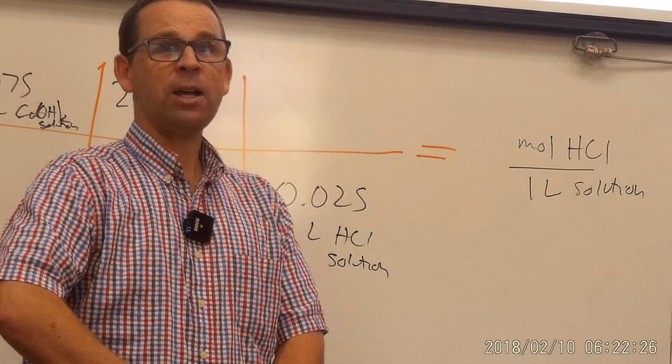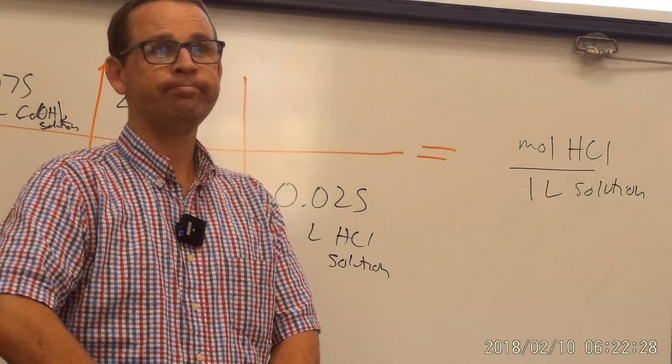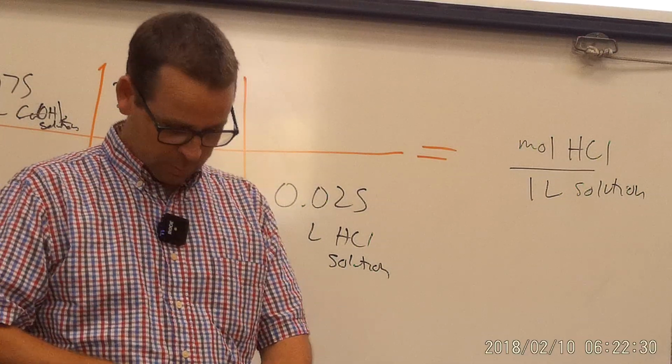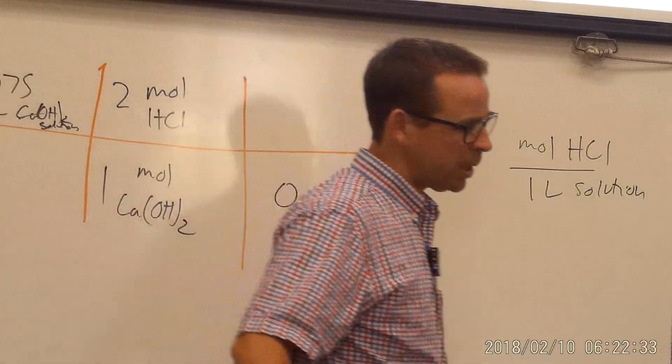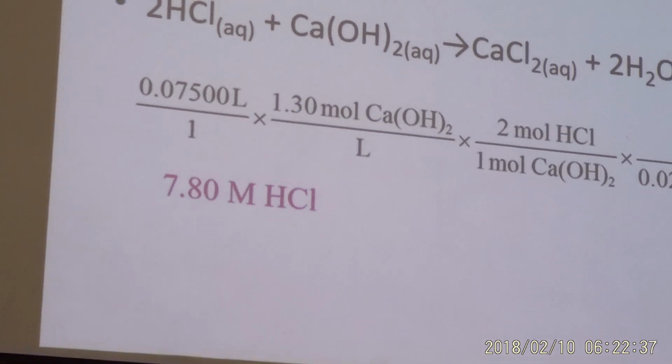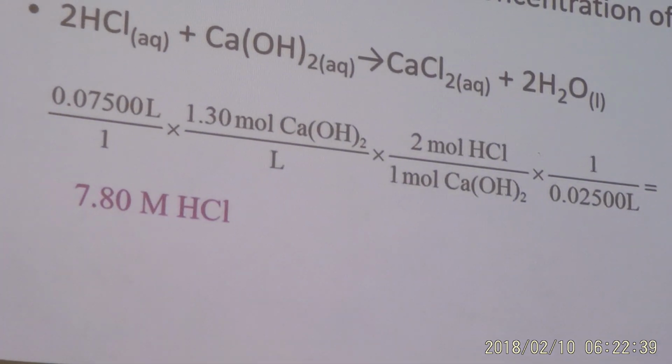Anybody do it? Anybody get a value? What value is it? 7.8. That's the molarity of the HCl. Good. 7.8. 7.8 molar HCl. That's our answer.